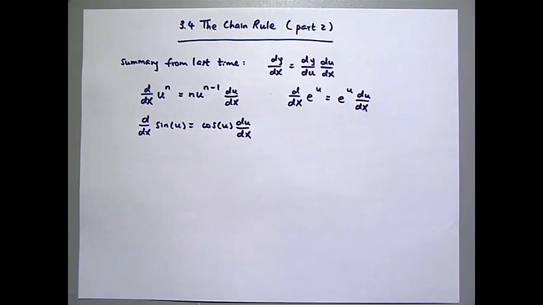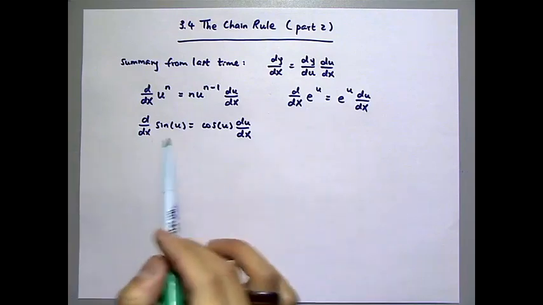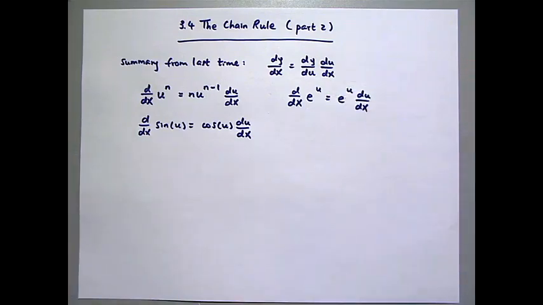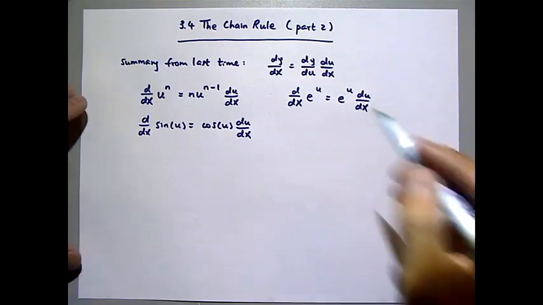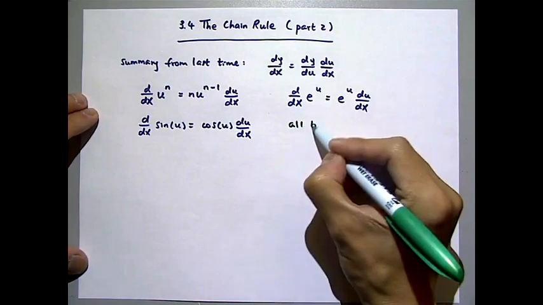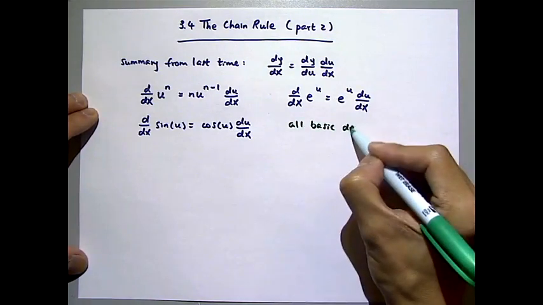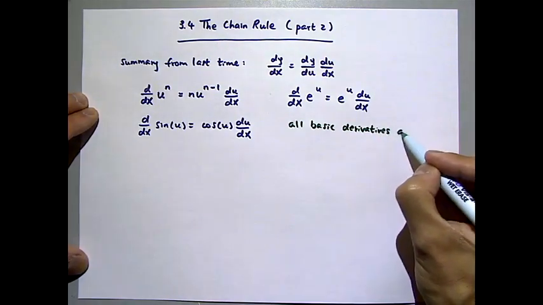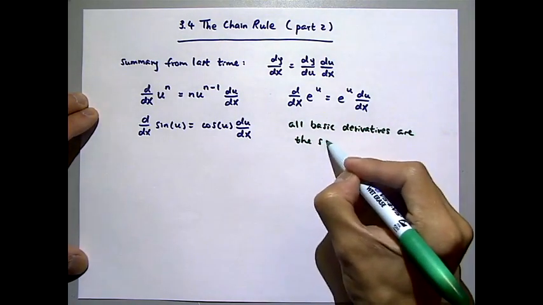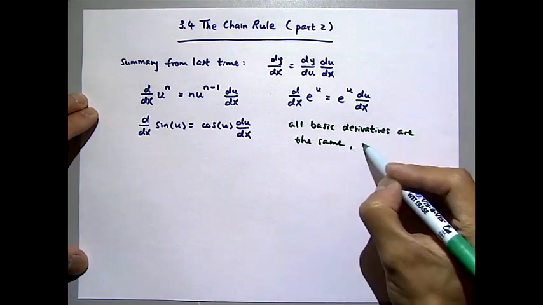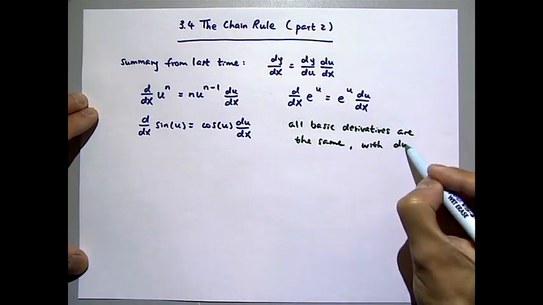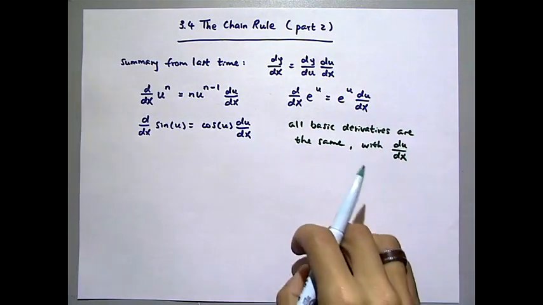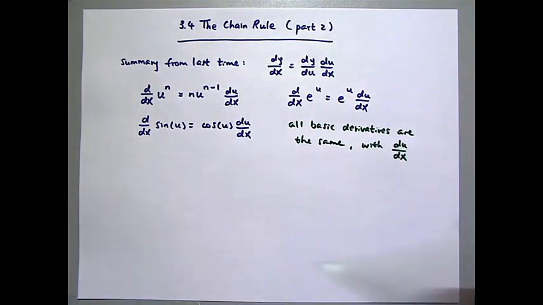So what we discovered last time was that all the basic rules of derivatives that you know, the derivative of sine is cosine, the derivative of e to the u is e to the u again, all the basic rules you know are the same. And the only thing you need to add to what you already know is the du/dx added to the end.